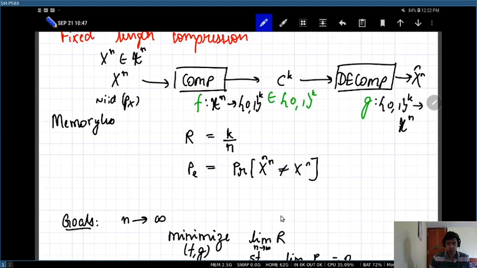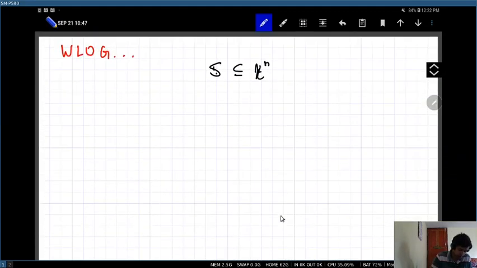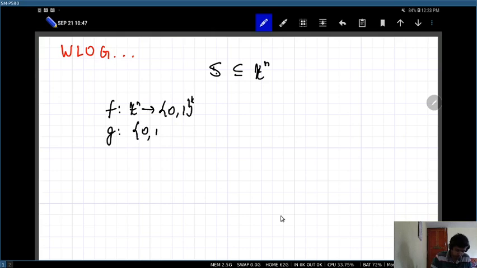We have a map F, the encoder or the compressor, which is a map from xn to 0, 1 to the k, and G, the decompressor, sometimes called the decoder, is a map from 0, 1 to the k to xn, right? So it takes a compressed file as input and outputs an estimate of the raw file.